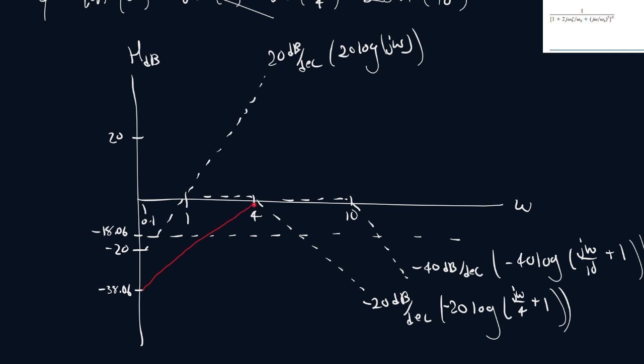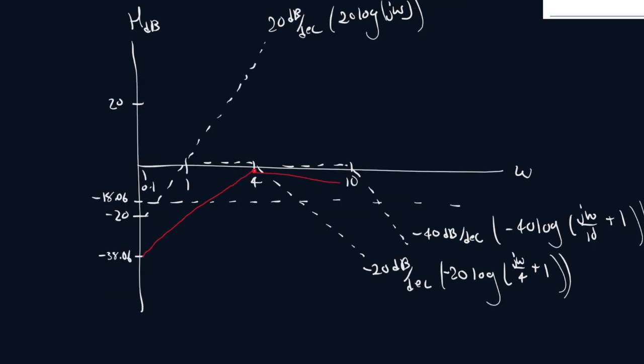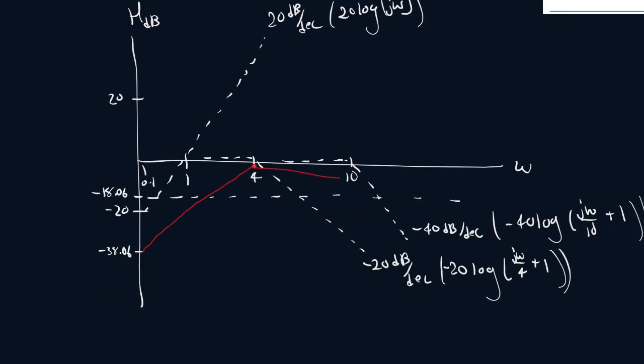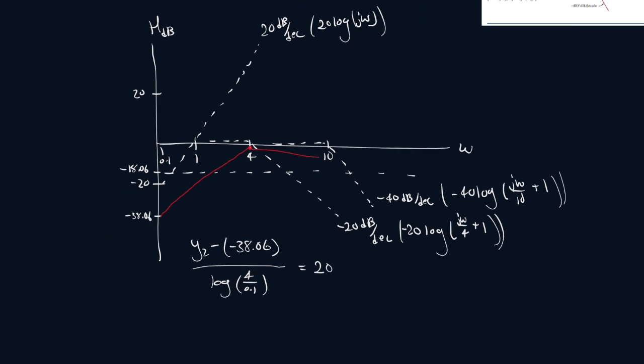At this point we have to take this into account. So a slope of 20 plus a slope of minus 20 decibels per decade, that's a slope of 0, so we start going straight. Let's also find this point quickly. y2 minus y1, being minus 38.06, all over log of x2, which is 4, over x1, which was 0.1, equals 20.